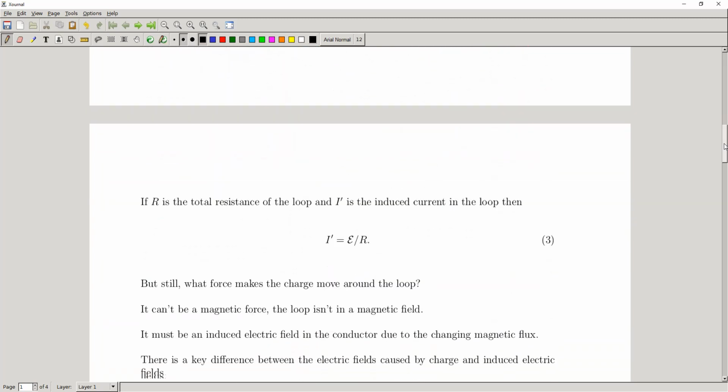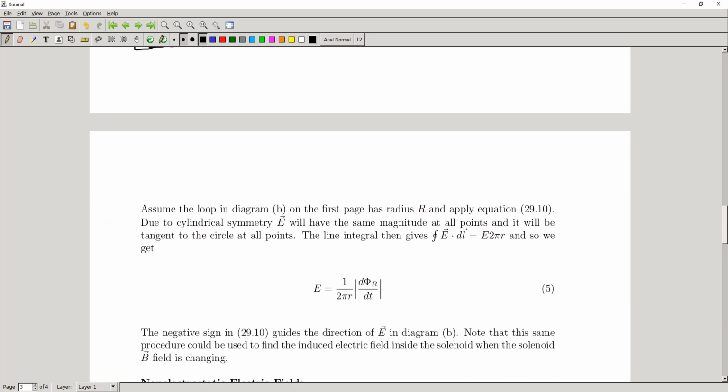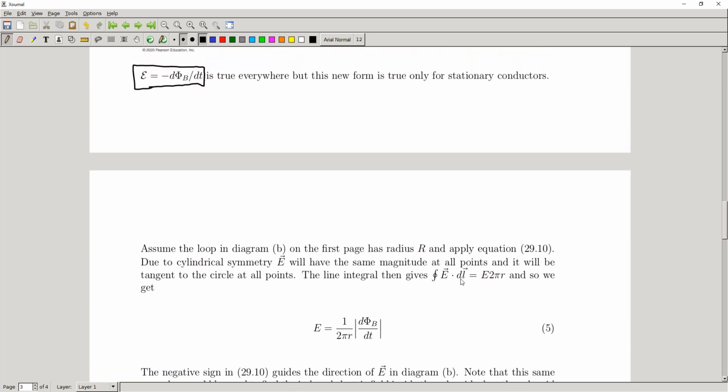If they point in the same direction, our dot product is just the product of magnitudes. E is the same everywhere, all over the integration, so we can pull it outside of the integral, and then we're just doing the closed loop integral of dl around a circle. That's just going to give us the circumference of the circle, 2 pi r. So it is fairly evident that we're going to end up with this result for that line integral, right?